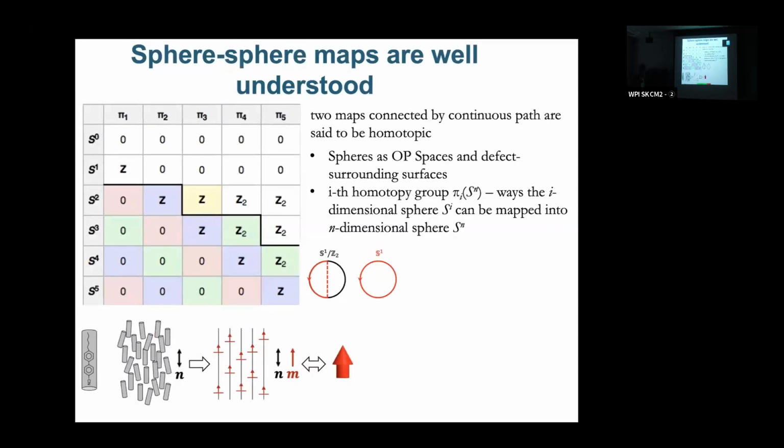And this help will come from the analysis of these field configurations with the help of homotopy theory. So what we will do is some kind of mapping from physical space or configurational space to order parameter space. And depending on whether these maps are topologically similar or distinct, we will say that the field configurations themselves will be similar or different from each other.